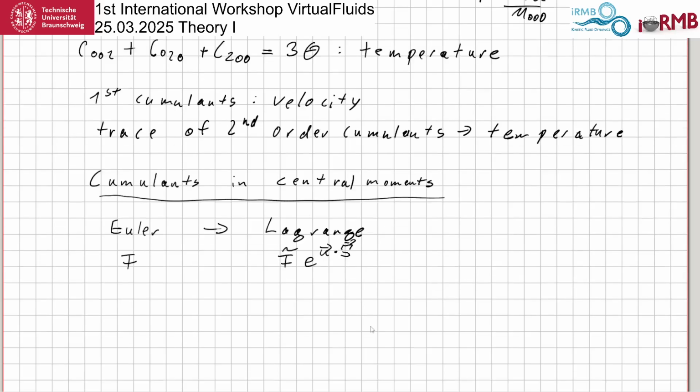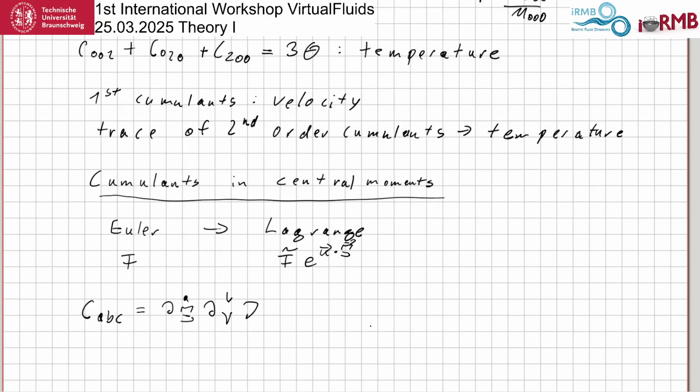This is a little bit of basic theory on Laplace or Fourier transforms. So if we move the origin of our coordinate system in the Laplace transform, what happens to our cumulants?